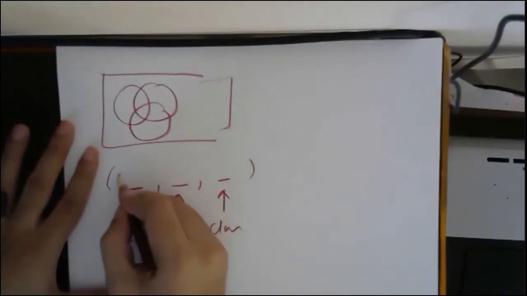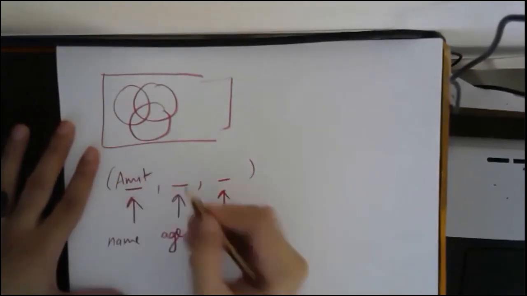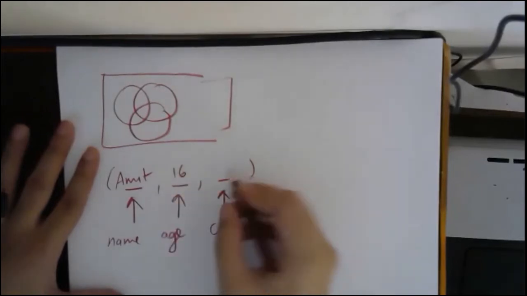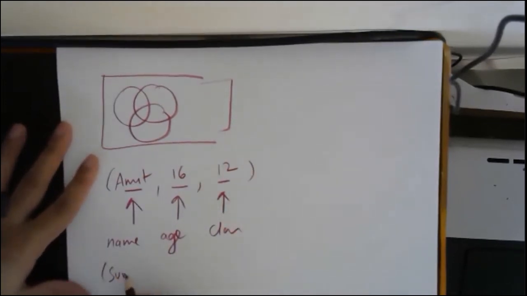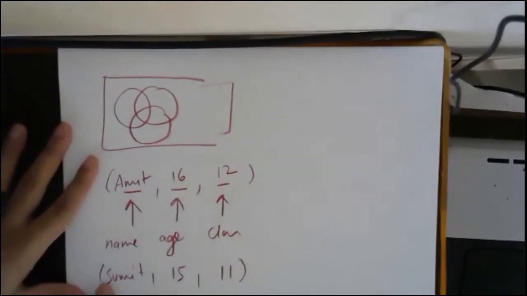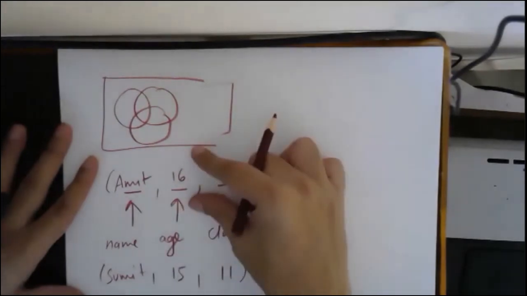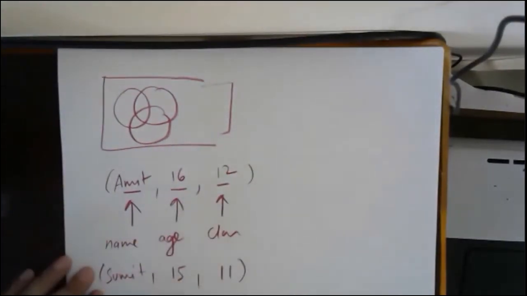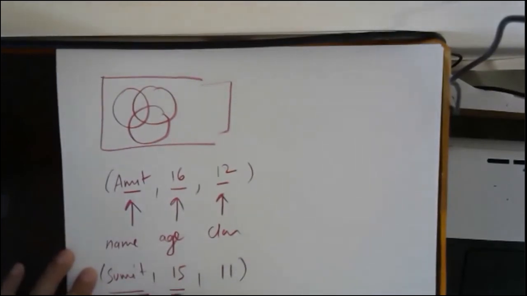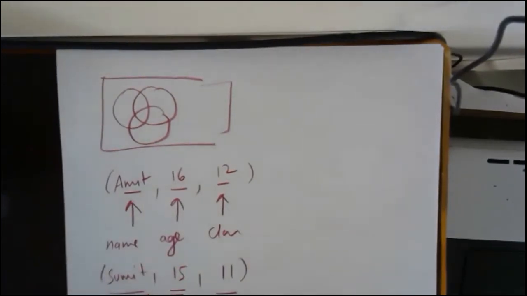Suppose it is Amit, age 16, and class 12. Suppose you have Sumit, 15, in 11th class. So the first element contains name, the second element contains age, the third element contains class. It's an ordered pair. Example of ordered pair.